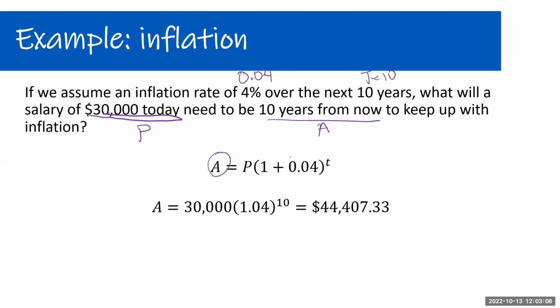We're talking about annual, so we can use that simplified formula: 1.04 to the T. Okay, 10 years, so T is 10. If we plug this in, $30,000 times 1.04 to the 10th, we see $44,407. So in 10 years, assuming a 4% inflation rate every year, you will need $44,407 to buy the same amount of stuff as you would with $30,000 today. Kind of depressing, isn't it?